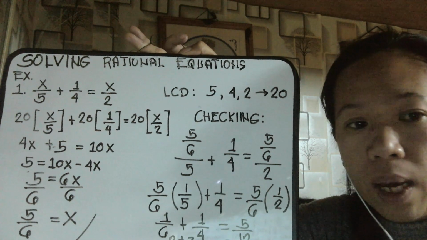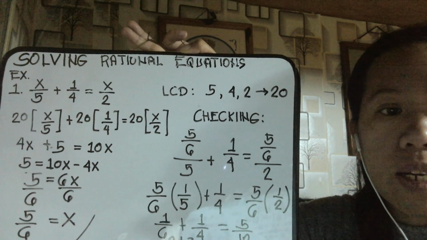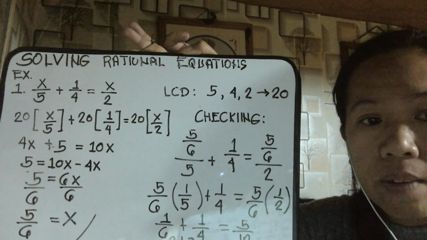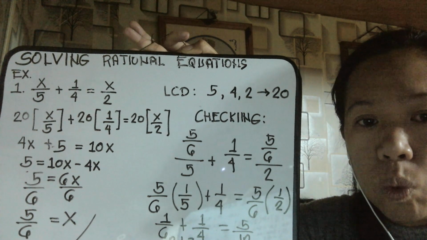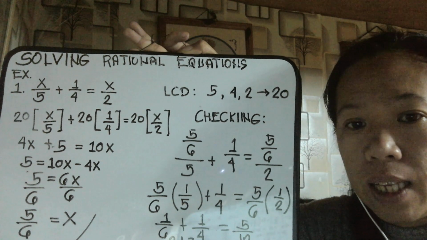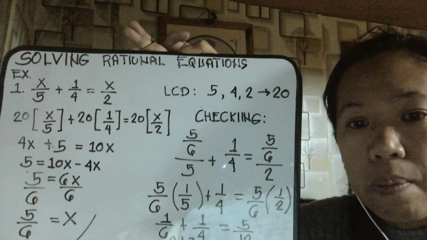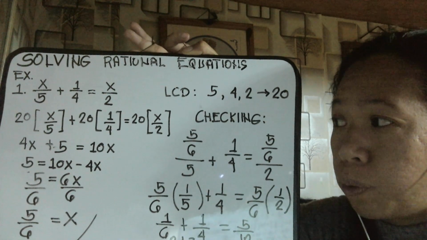So to start with, we have here the first given example. Say you are given x over 5 plus 1/4 will be equal to x over 2. So the first step that we are going to do is to find the LCD of our denominators, which are 5, 4, and 2.